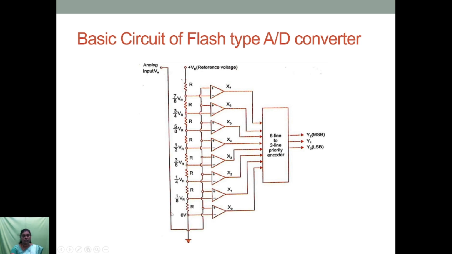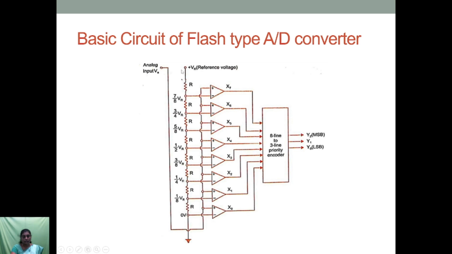Here it consists of a series of resistive network, and it has 8 comparators. So this is a 3-bit analog to digital converter. So it consists of 8 comparators, and it also has an 8x3 priority encoder.